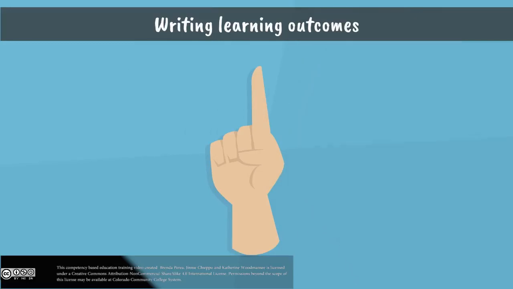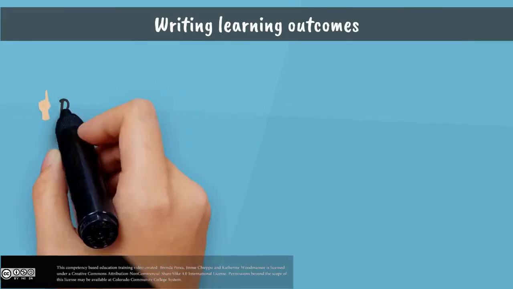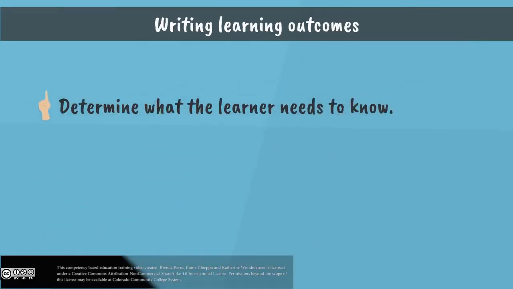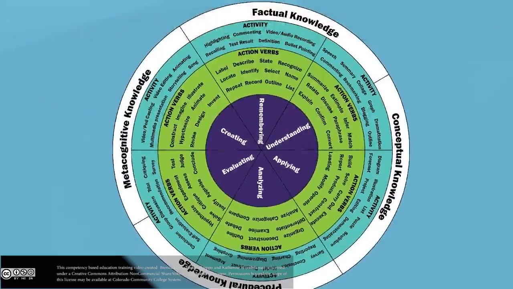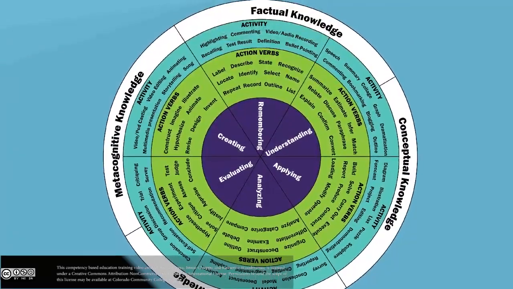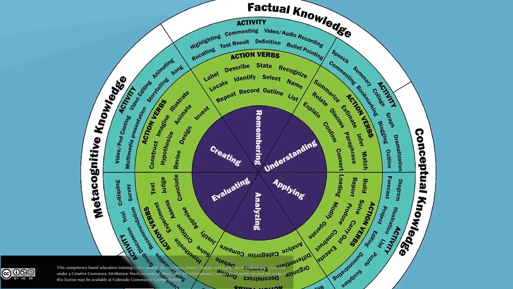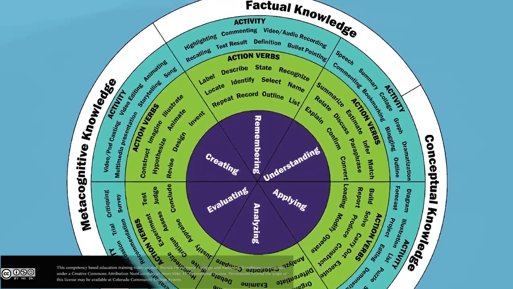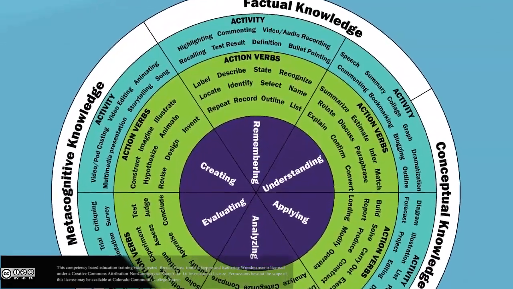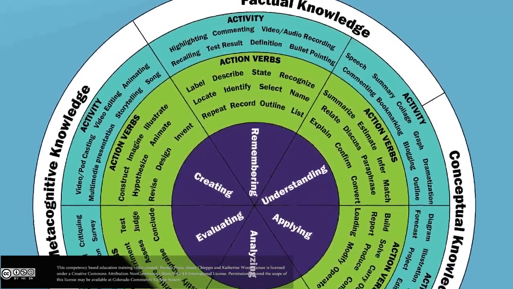When creating our course learning outcomes, we must first determine what the learner needs to know. Then the next step is to determine the appropriate level and verb from the Bloom's wheel. Let's use this presentation as an example. So one of the learning outcomes from watching this video would be for the learner to remember the hierarchical categories. So I would use the wheel to identify the appropriate level and verb, which in this case would be remembering.